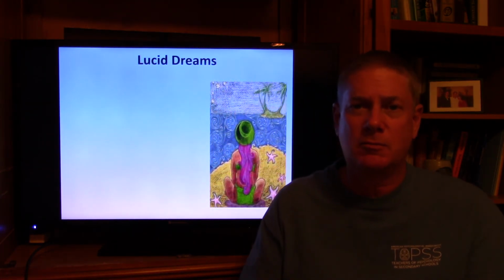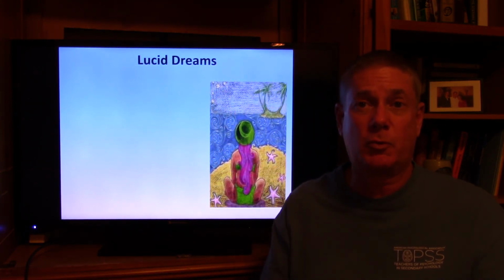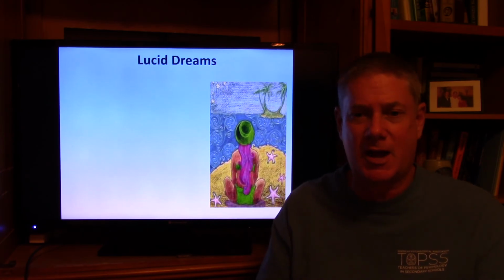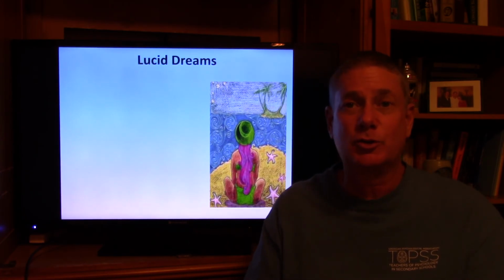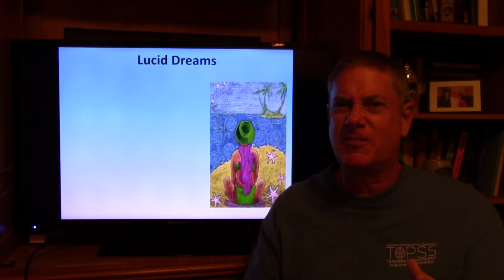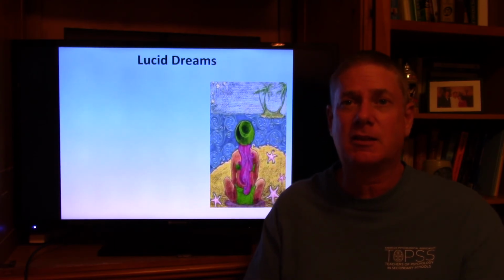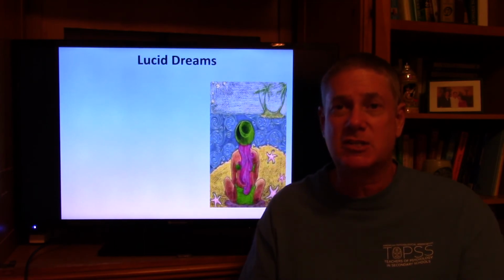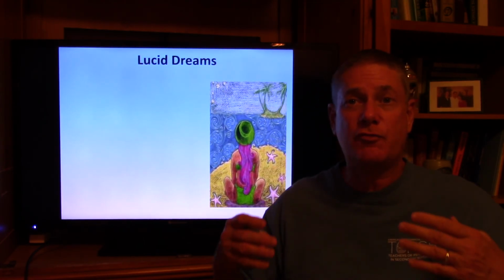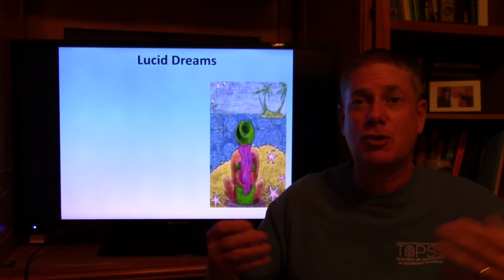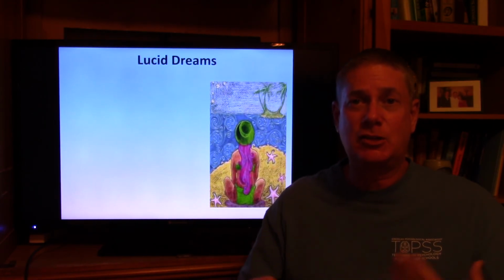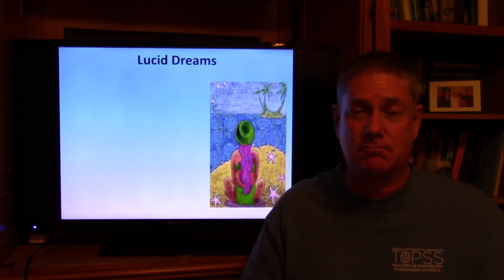Now, before we leave dreams and talk about what people dream about and see if your dreams are weird or not, let's mention something called lucid dreaming. Lucid dreaming is a fascinating concept. It's actually the idea behind the movie Inception, which is where if you're in a dream and you know you're in a dream, can you control what goes on in the dream?